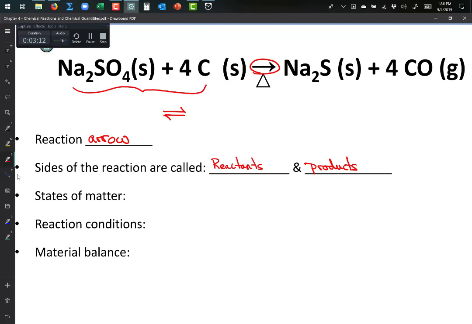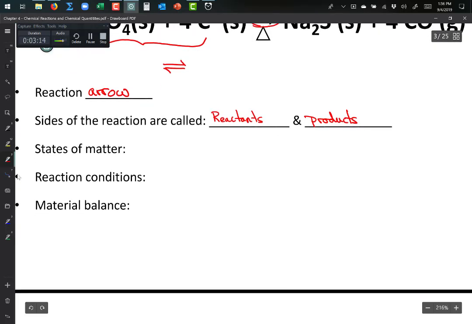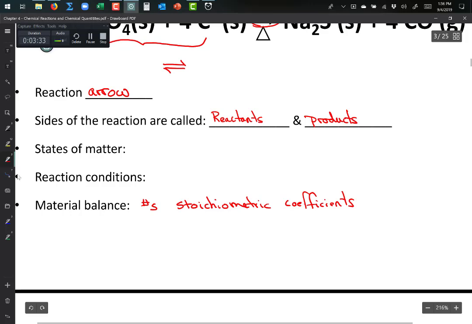So for example, this is the material balance. The numbers represent what are called stoichiometric coefficients. They represent the proportions in which the reactants and products are used.